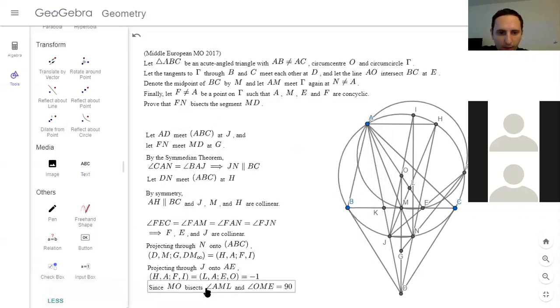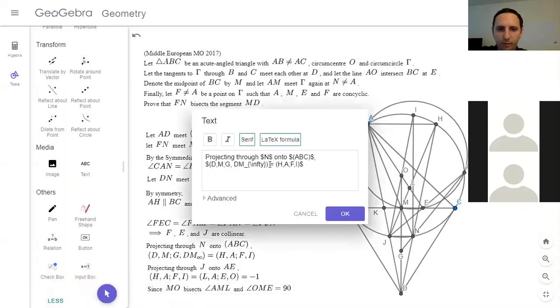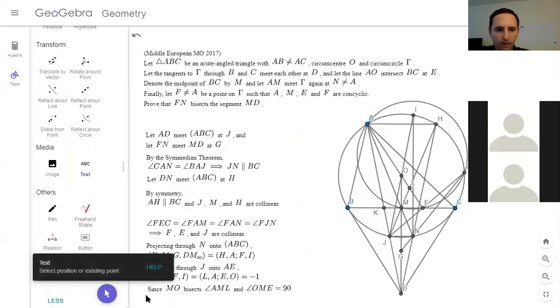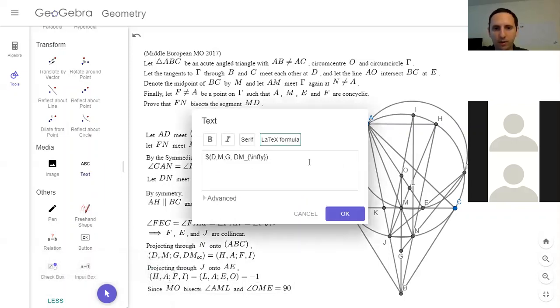And then once we know that, that means that this cross ratio was equal to -1, which means that FN bisects SomeD.